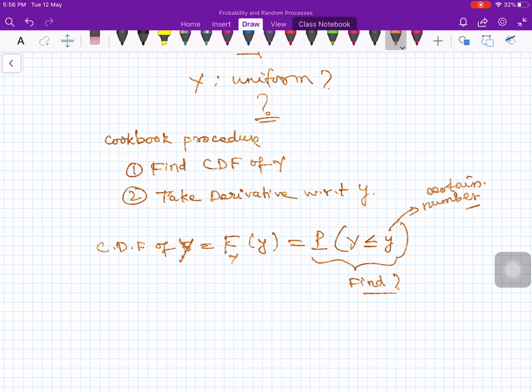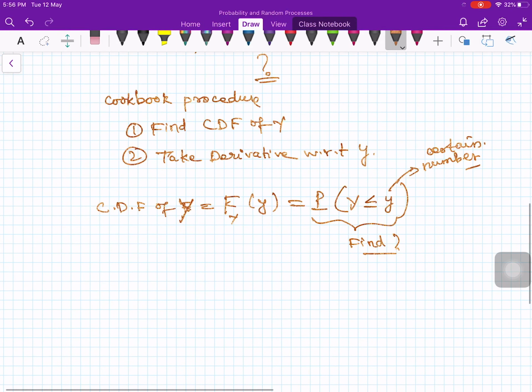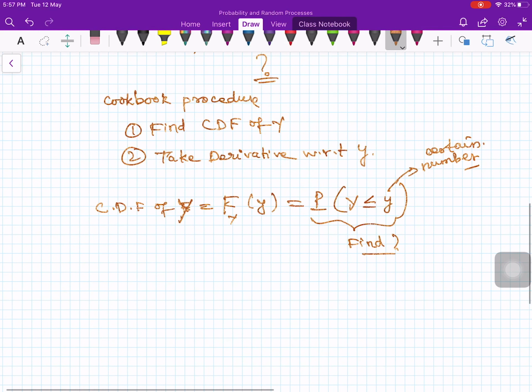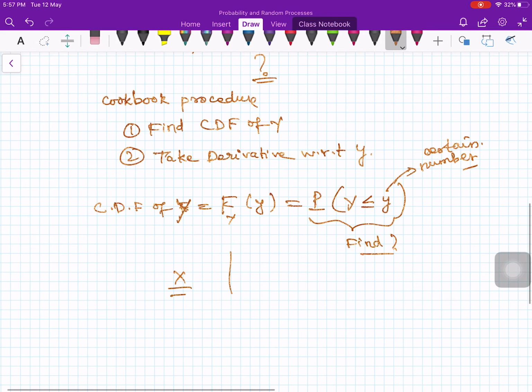How do you find that? What we have in our hands is the distribution of x, the uniform random variable. With this, we need to work out that event in terms of x.